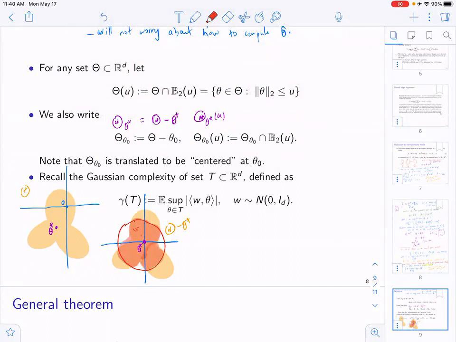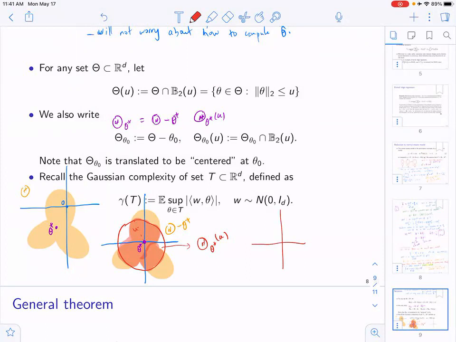So this thing is going to be theta star u. If you take a ball of radius u and intersect it with this centered theta, that's that set. It turns out that the geometry of this local set looks different as you vary u.